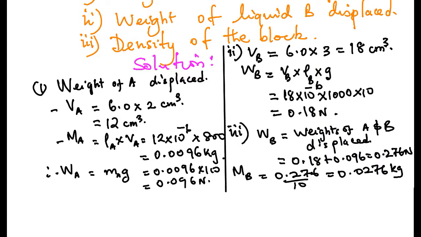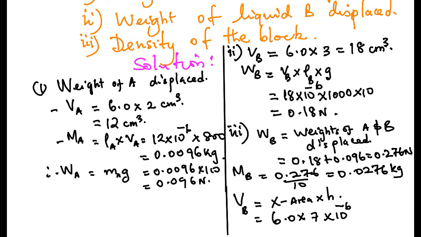We recall that volume is equal to the cross-sectional area multiplied by the height, which is equal to 6.0 times 7 times 10 raised to the negative 6 to convert it into cubic meters, and this gives 42 times 10 raised to power negative 6 cubic meters.